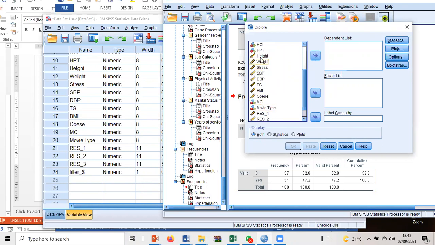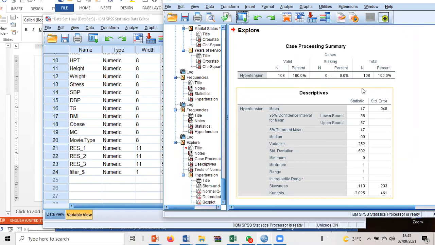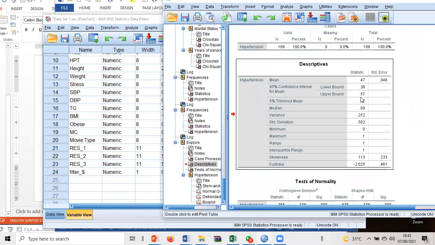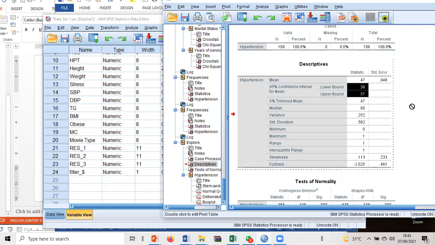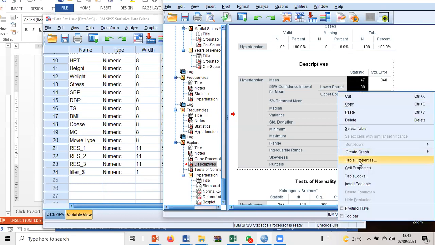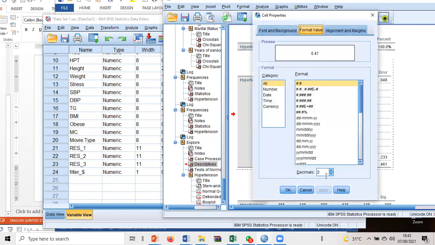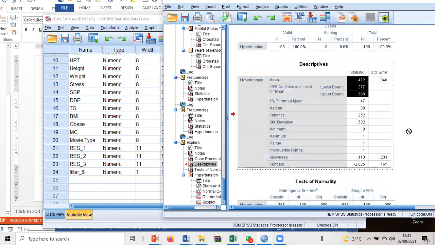When I code 1 and 0, the mean is actually the percentage, and that gives your 95% confidence interval.